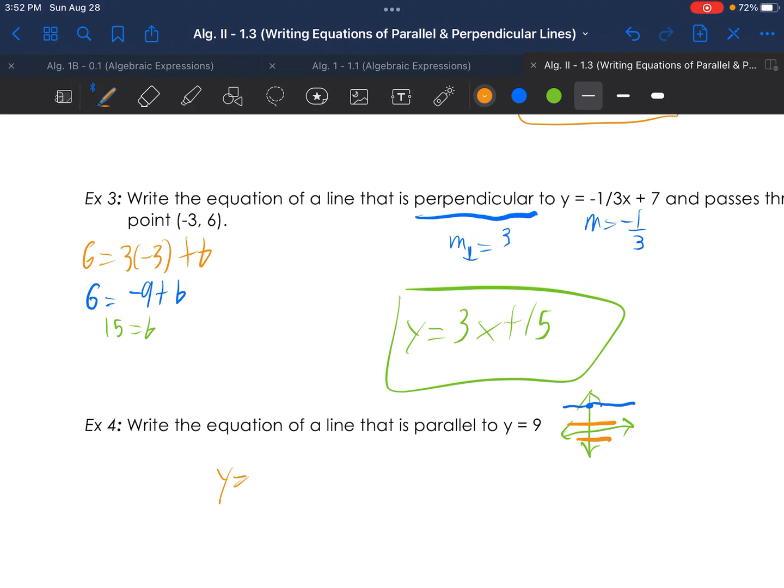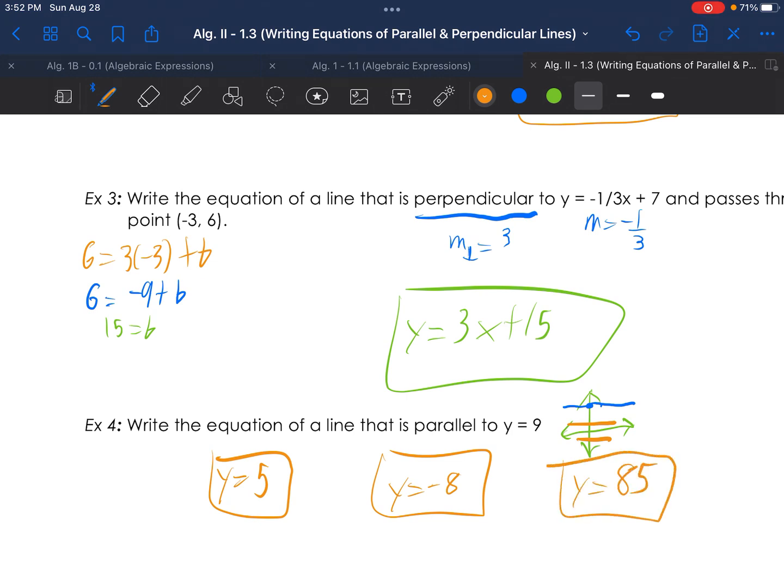So it's giving you a lot of freedom to pick whatever point you want it to go through. So I could call it y equals 5 if I want. Another student might call it y equals negative 8, and that would be perfectly fine. Another student might call it y equals 85. That'd be perfectly fine as well. Really, what matters is you have y equals some number as your answer. As long as you have that as your answer, you are good.